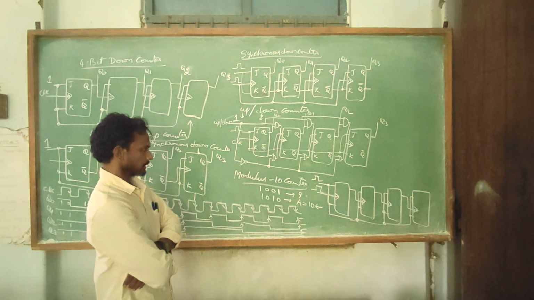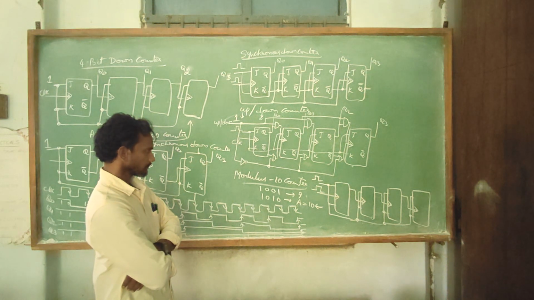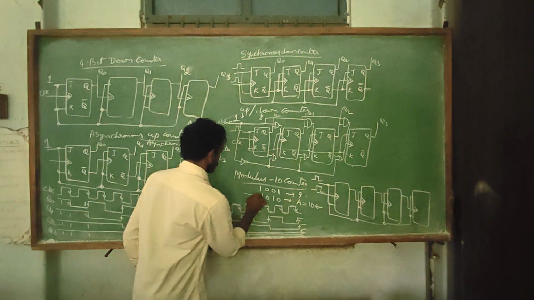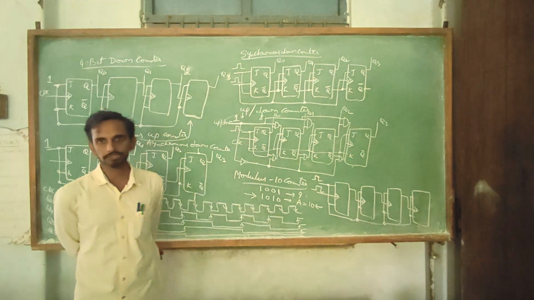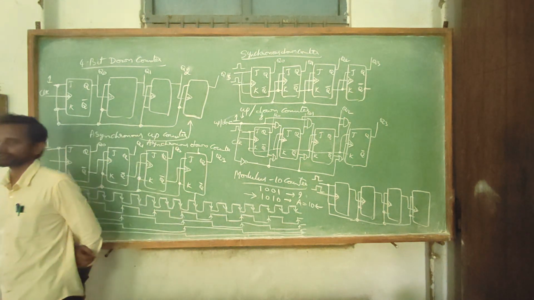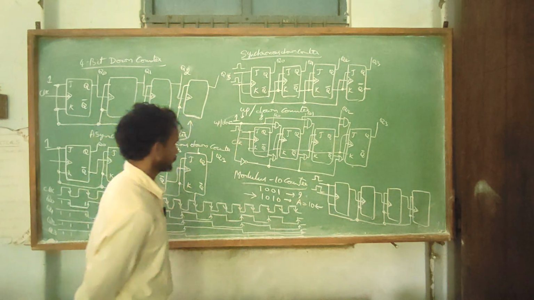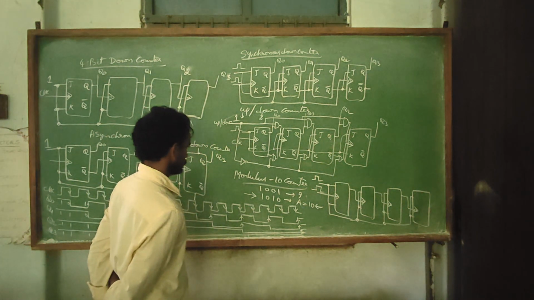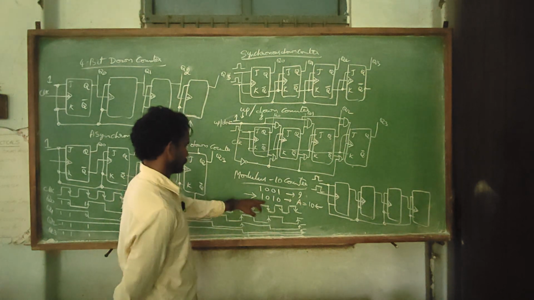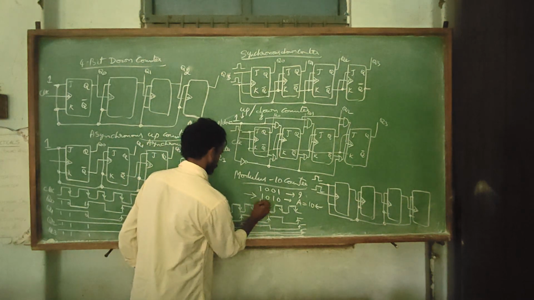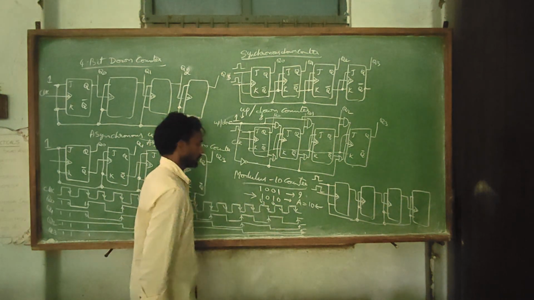Now we have to use an additional condition. When the counter counts 1010, everything should be set to 0. Then we have to trigger the reset button. So what should we do? So this is Q3 and Q1.